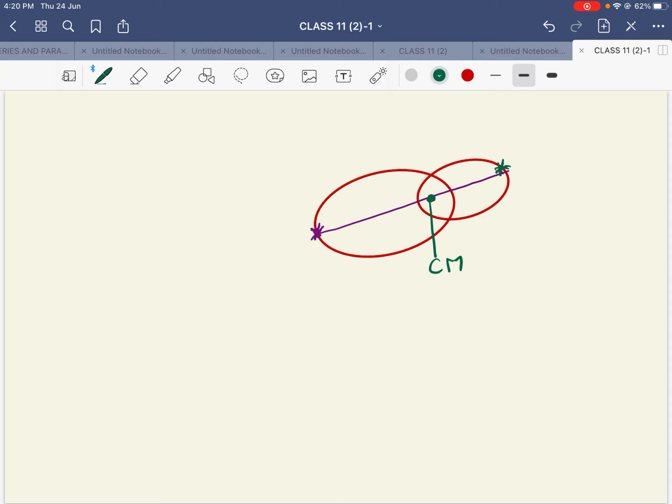A binary star is a system of two stars that are gravitationally bound to each other and revolve around their center of mass. For example, in the figure given below, there are two stars, star A and star B. They are revolving about their center of mass.